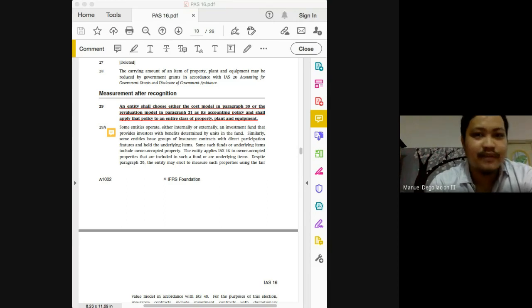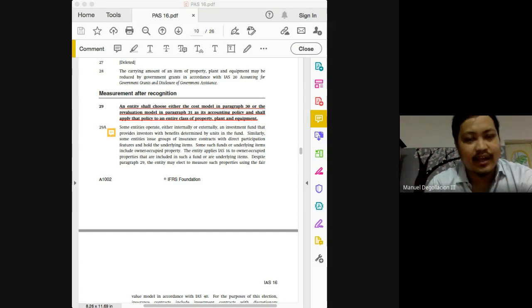And the rules are as follows: that your property, plant, and equipment are to be initially measured at cost. Okay, that's the big part of the discussion in the previous discussion on PAS 16. Okay, that the initial measurement of PPE is at cost.